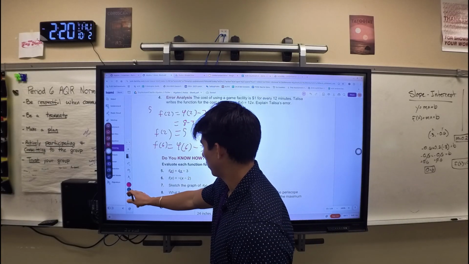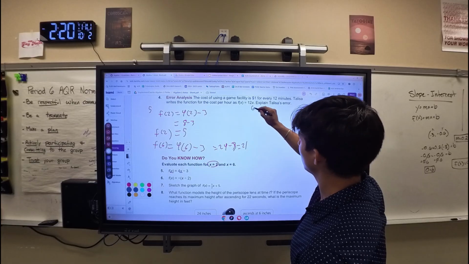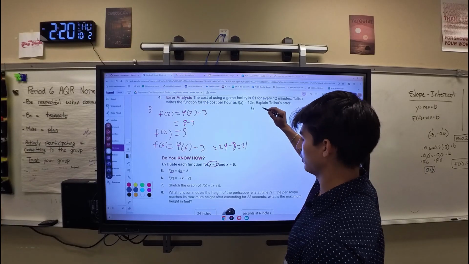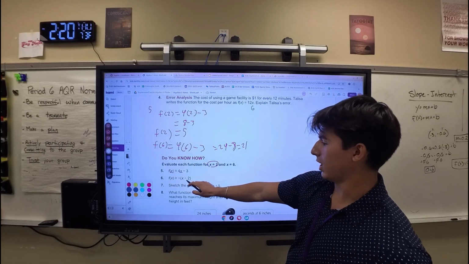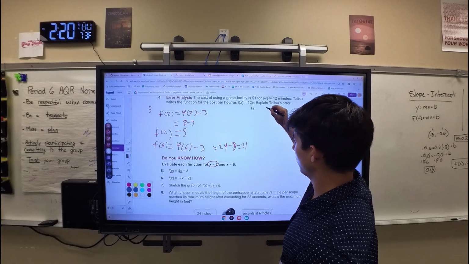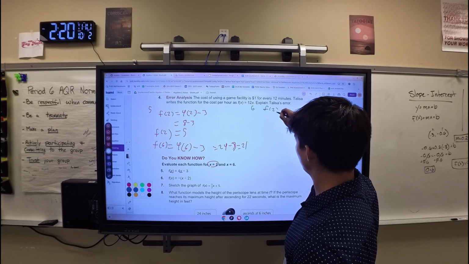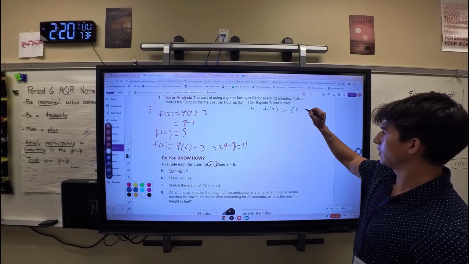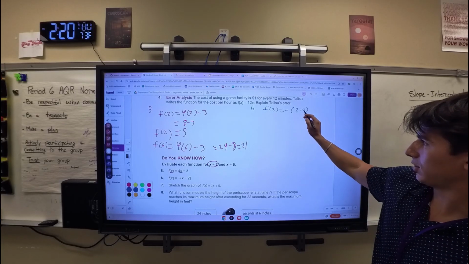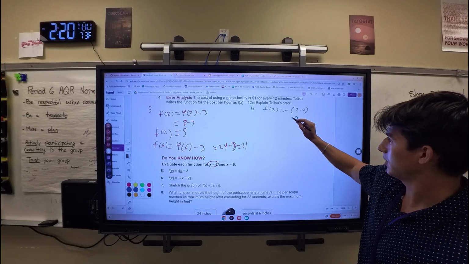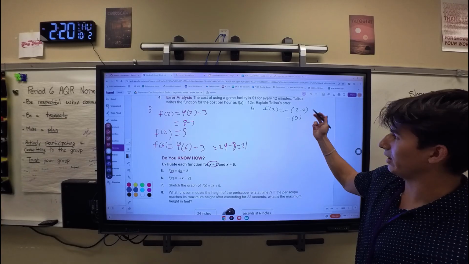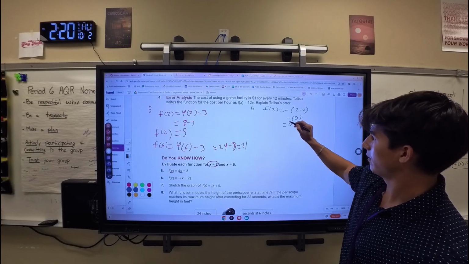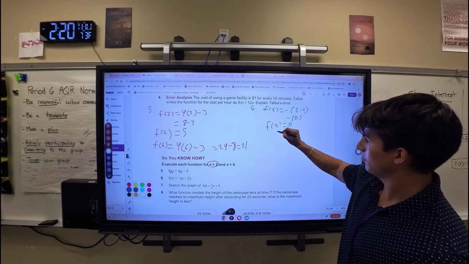And now for problem 6, f of x equals negative parentheses x minus 2. So f of 2 is going to be negative parentheses 2 minus 2. This is just going to become 0 in the parentheses, and so negative 0 is still just 0, so f of 2 is 0.